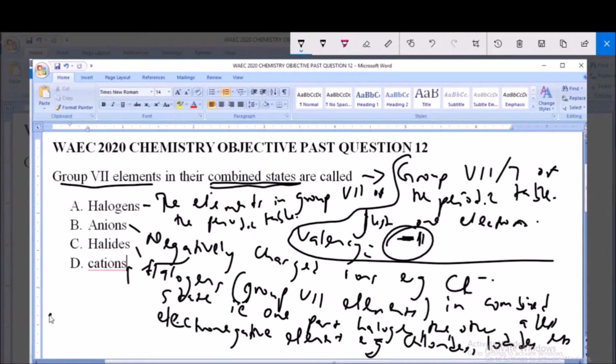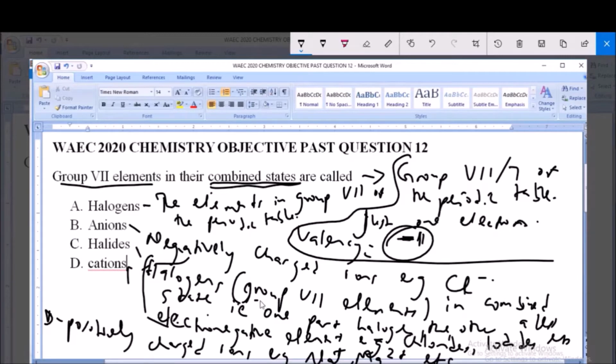The cations are positively charged ions, e.g. you have the sodium ion or magnesium ion, etc. So from the definitions we have given for the respective options, option C, which is halides, is what we described as halogens, or the group 7 elements in combined states.